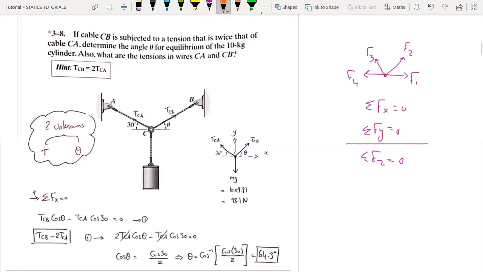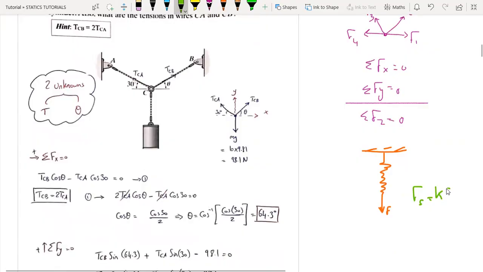Also, we should know that if we have a spring, and we have a force F, the force in the spring is equal to Fs = k, the spring constant, multiplied by s. That's the stretch in the spring.